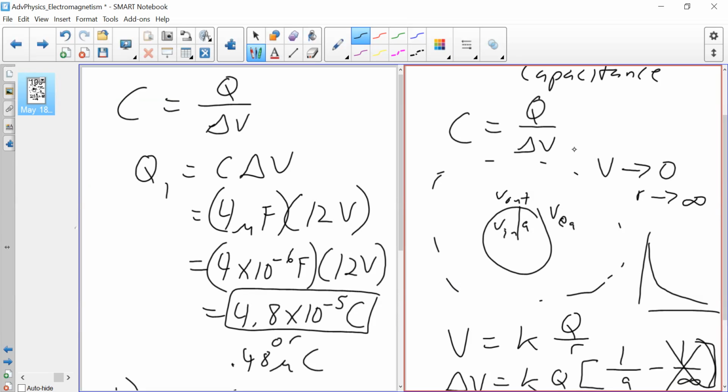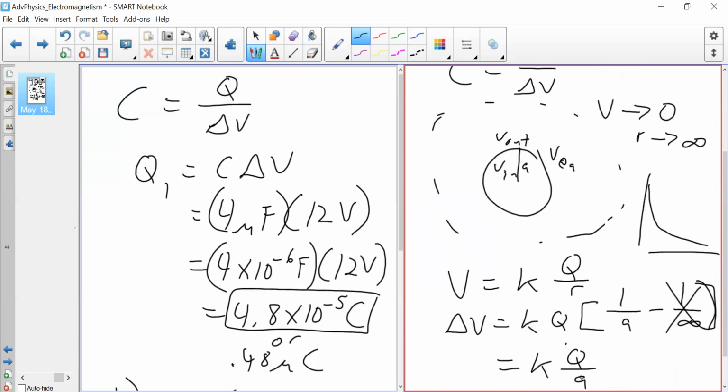It's not really physical, but we could idealize this as some sort of capacitor. This is going to be at a potential of 0, and this is going to be at a potential V equals KQ over A. So the voltage difference between this so-called capacitor is KQ over A.